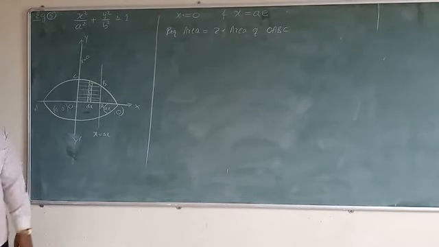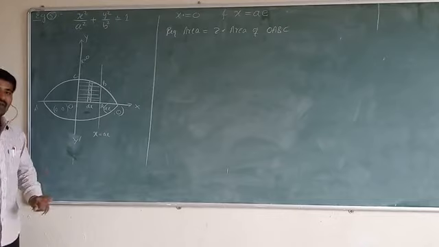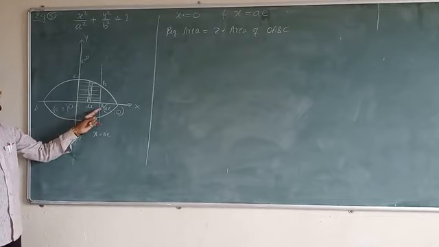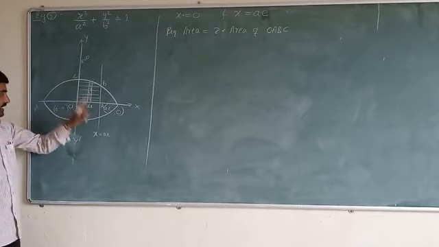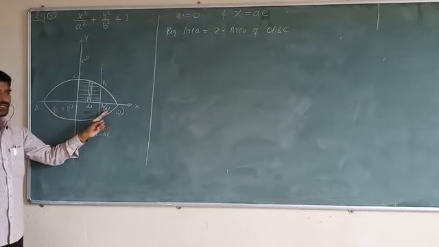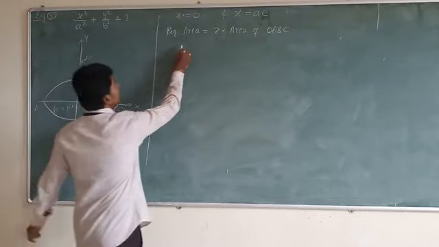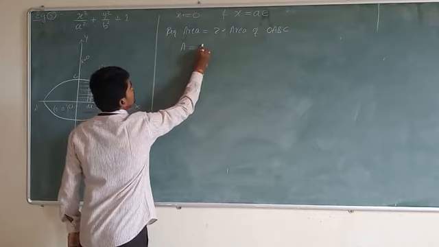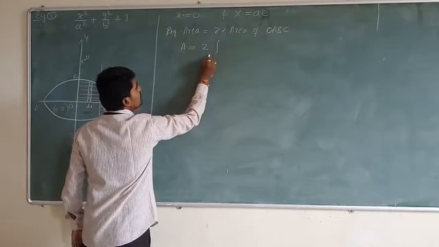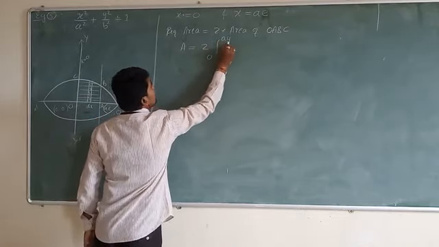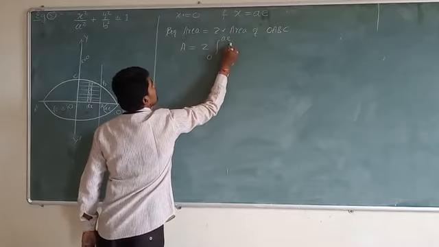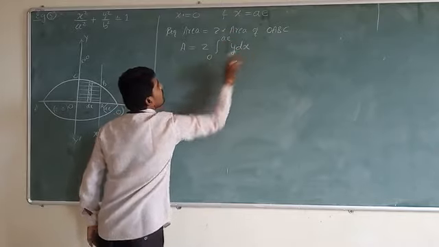I hope all of you understand. Therefore, for the required area OABC, x is varying from 0 to a. Hence, the required area A is equal to 2 into the integration from 0 to a of y dx.